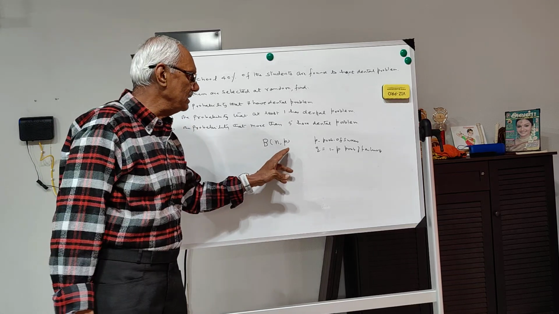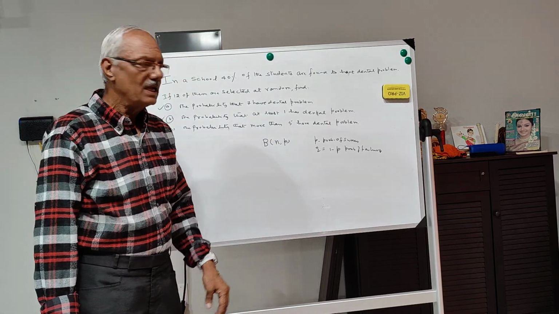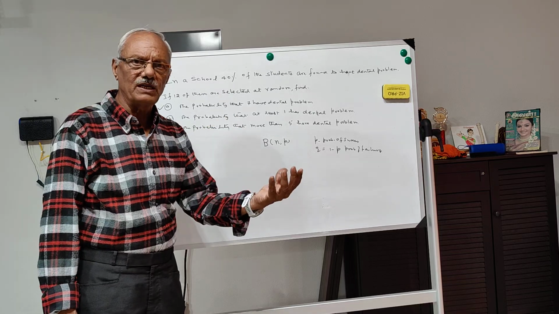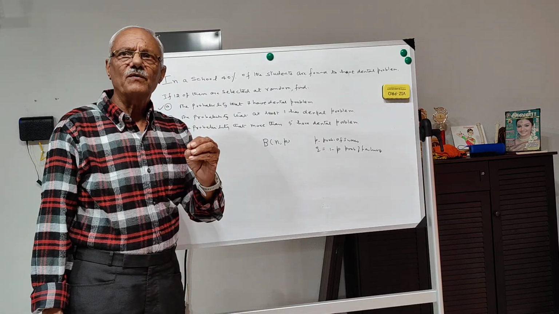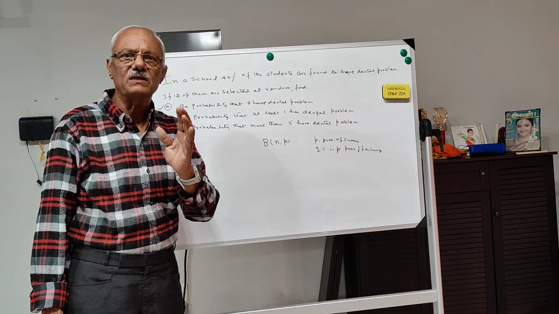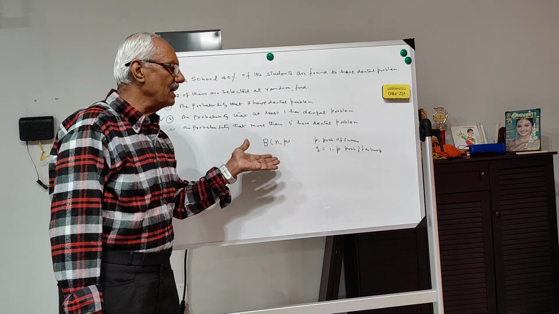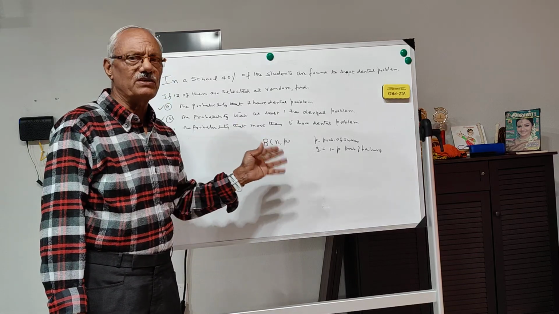That is why we say that in a binomial distribution, if the success is taken to be p, then the other outcome can only be failure, which is nothing but 1 minus p. And the number of trials is a definite number. This is a discrete distribution, with a discrete random variable.